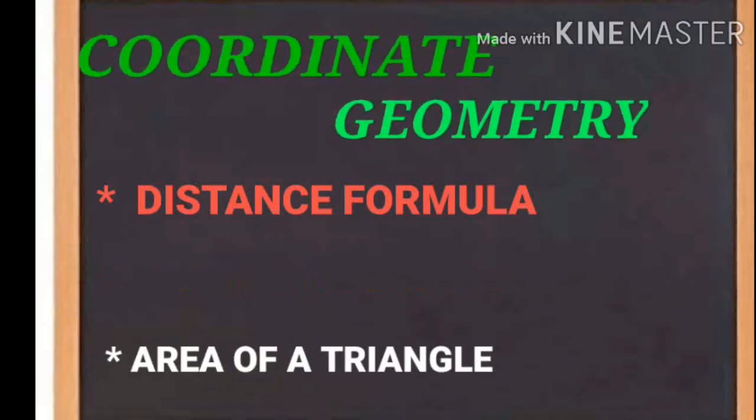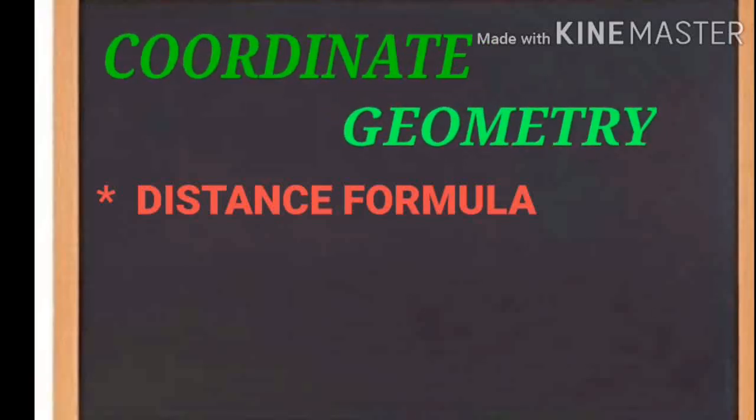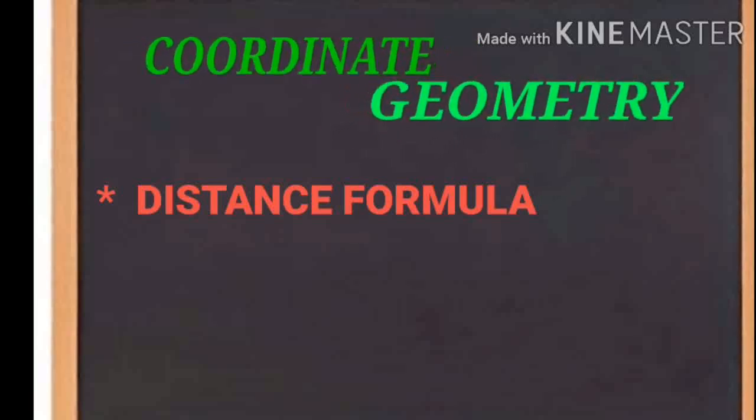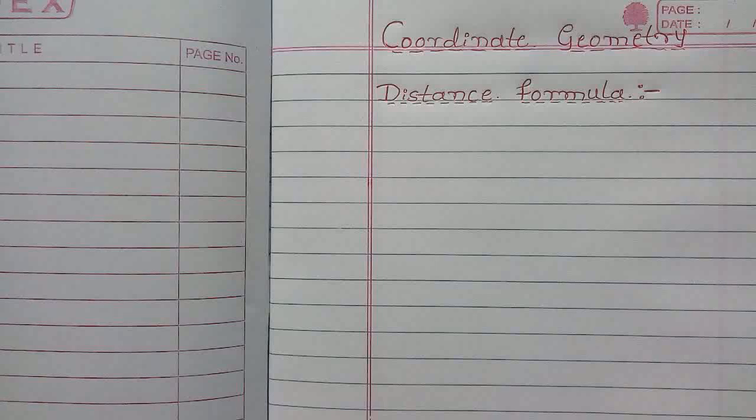Now we will learn how to find the distance between 2 points whose coordinates are given. We are going to study the distance formula. Consider P and Q are any 2 points.